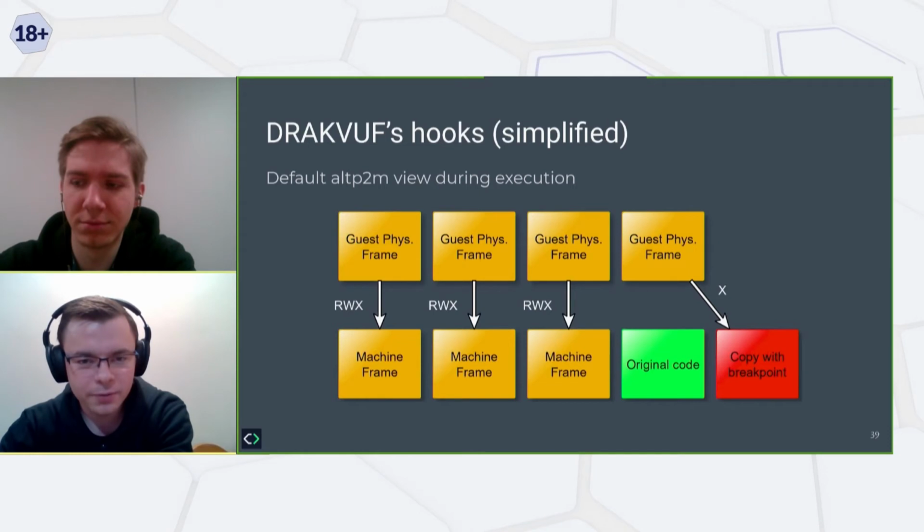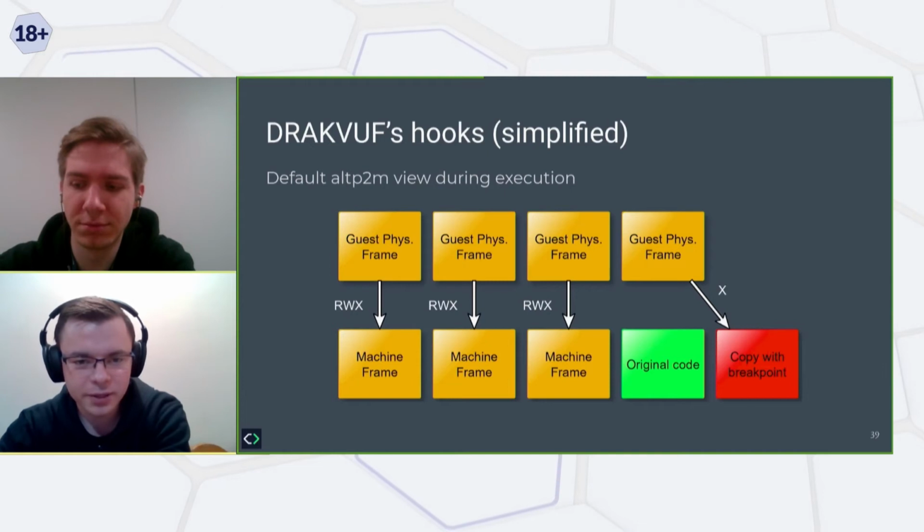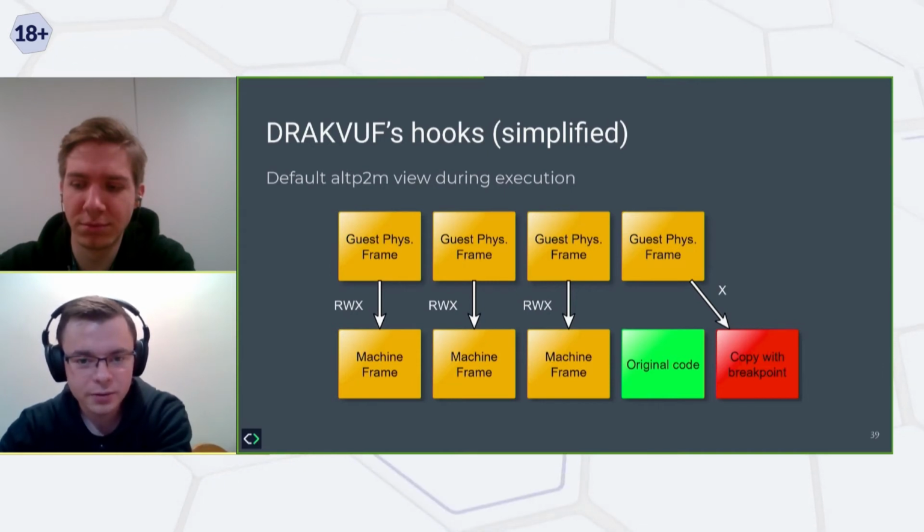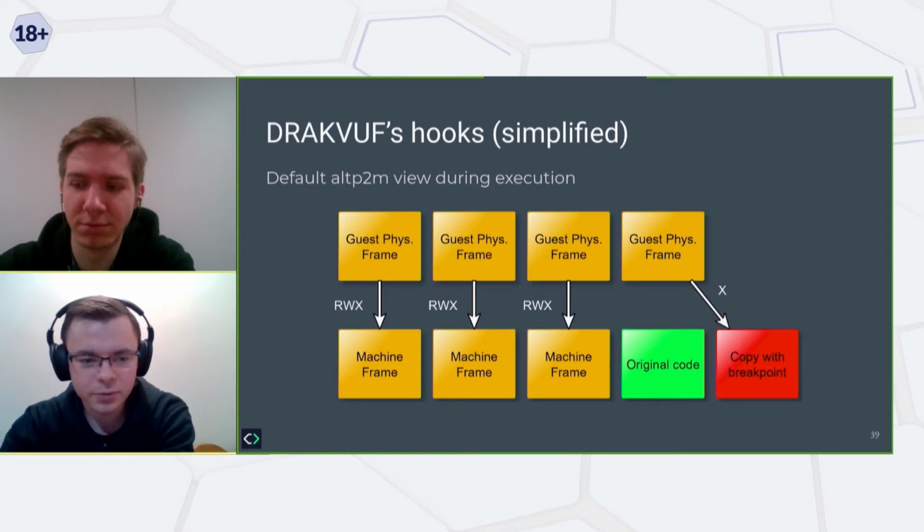So what Drakvuf is actually doing is that when we hook something, the mapping is replaced from the page containing the original code to another copied page that contains the code modified in such a way that the breakpoint instruction is inserted whenever we request it.